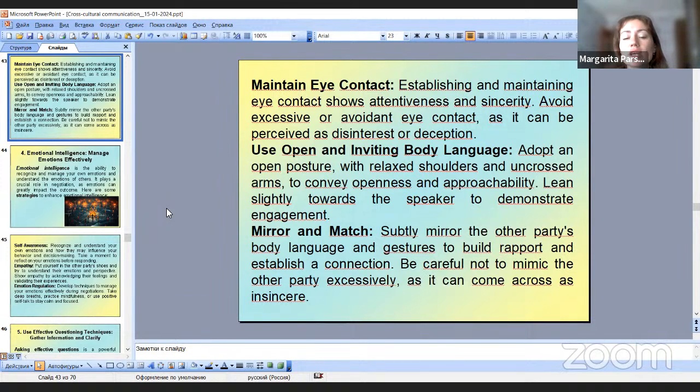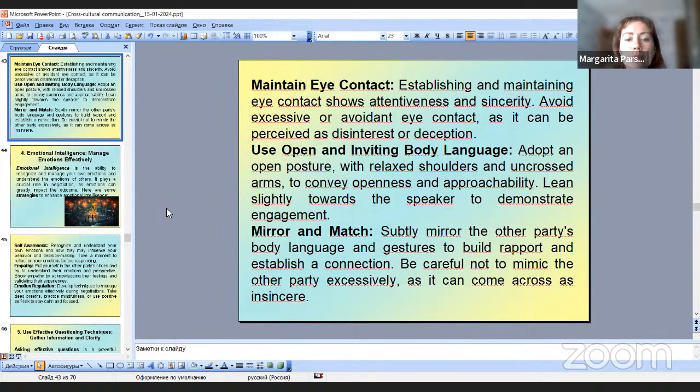Using open and inviting body language. It's better to take an open posture, with relaxed shoulders and uncrossed arms. Of course, when a person crosses his arms, it's not very good because it shows the person is not open to the communication process.